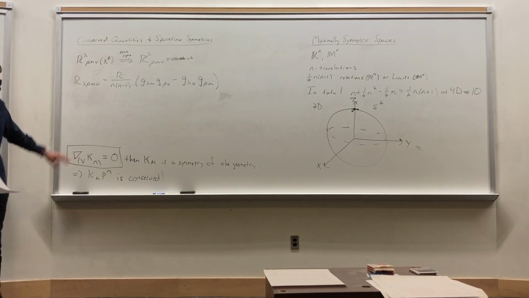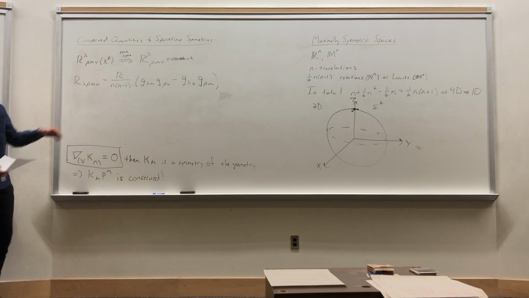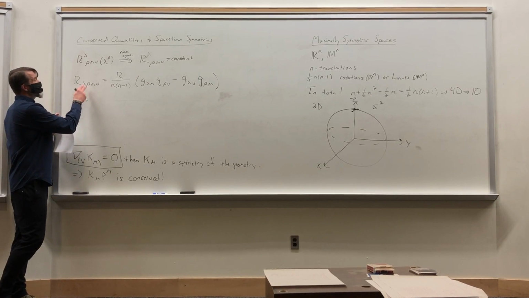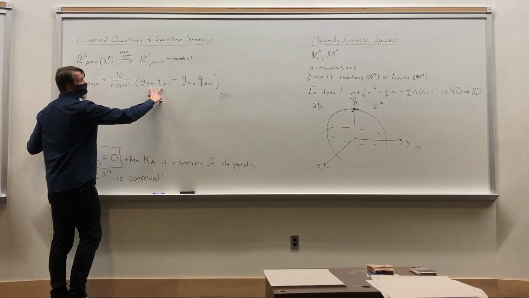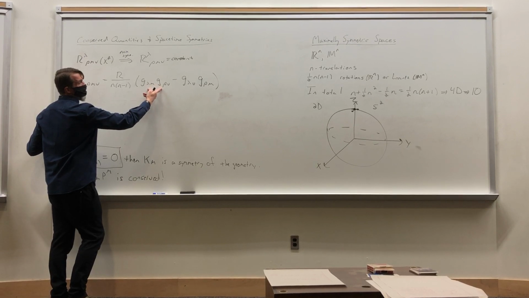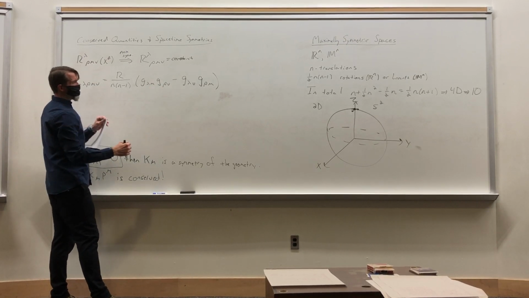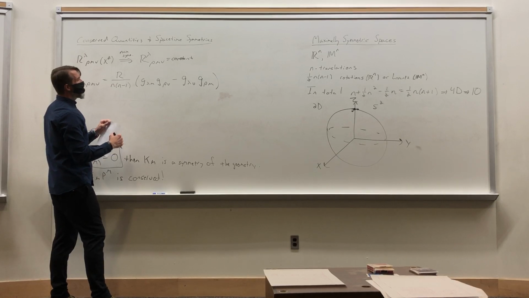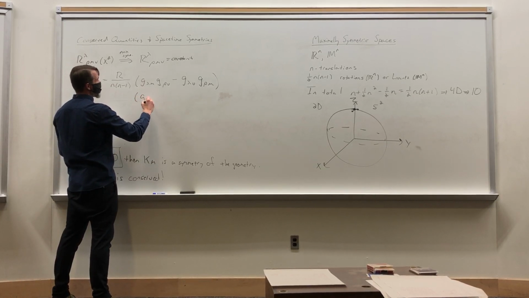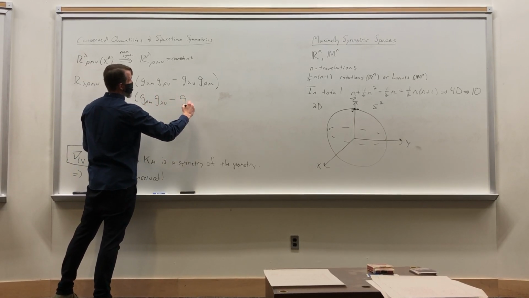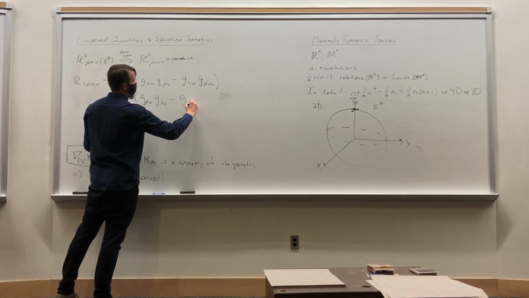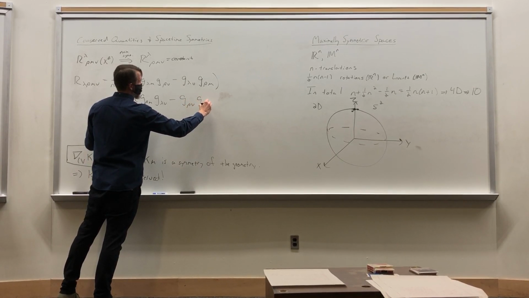Now remember, this tensor had some symmetries. If you exchanged lambda and rho, you had to get back minus what you started with. So if I exchange lambda and rho, then this becomes g rho mu g lambda nu minus g rho nu g lambda mu.